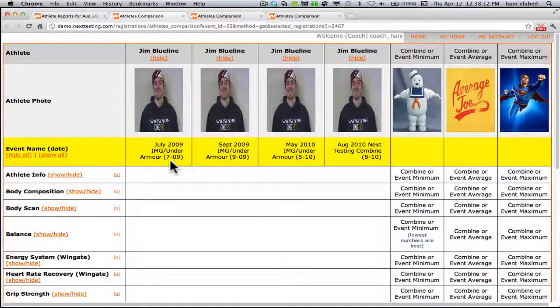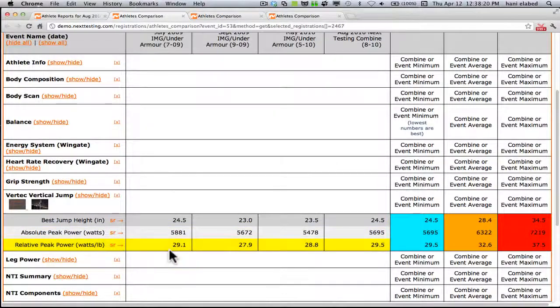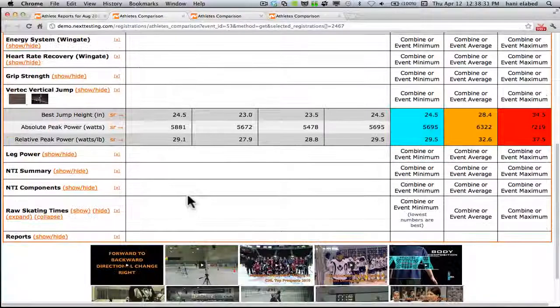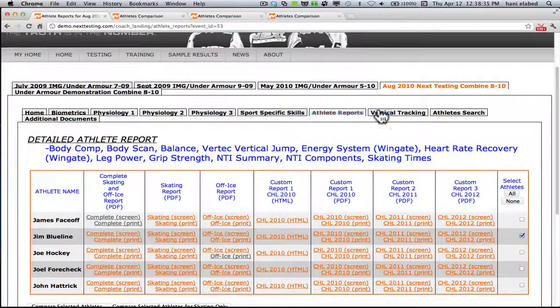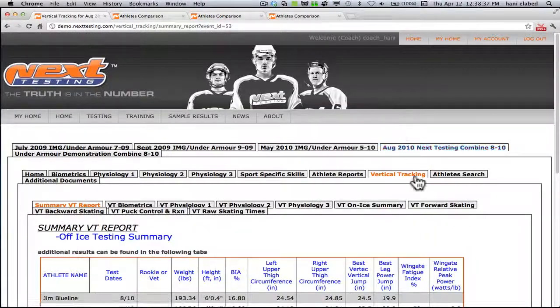So the oldest event, July of 2009, September 2009, May of 2010, and August 2010. So you can see the progress here. They regressed a little bit and then improved, and finally the final value is better than when they first tested with us. So this is it. This is our vertical tracking tab.